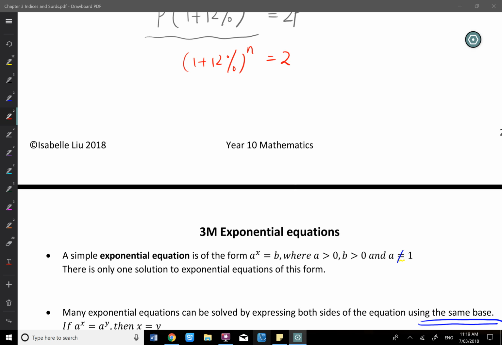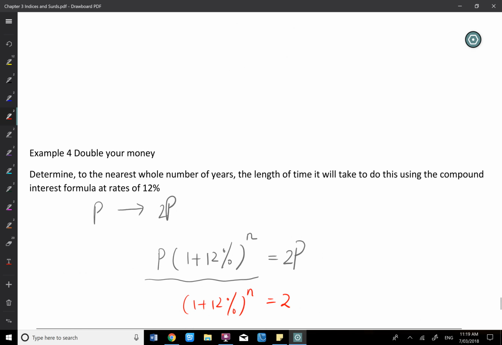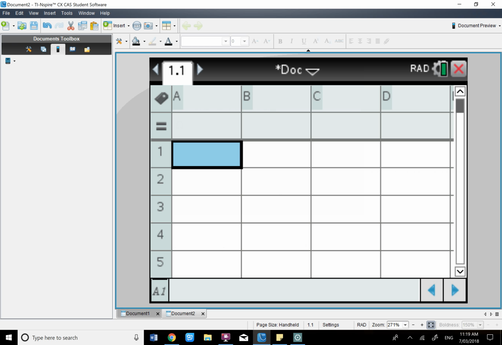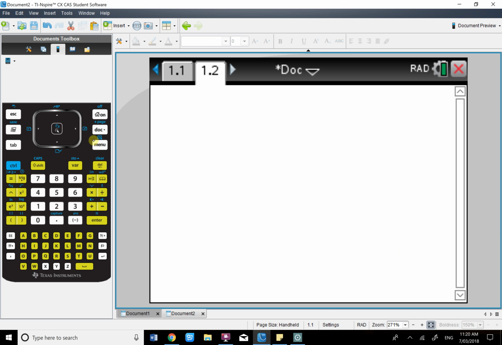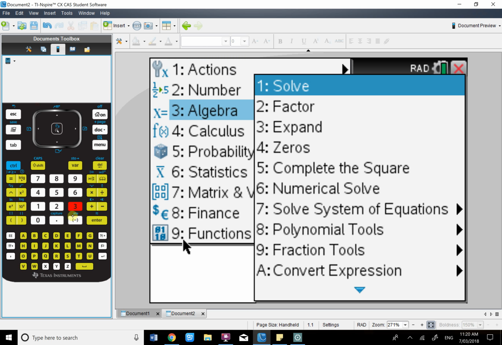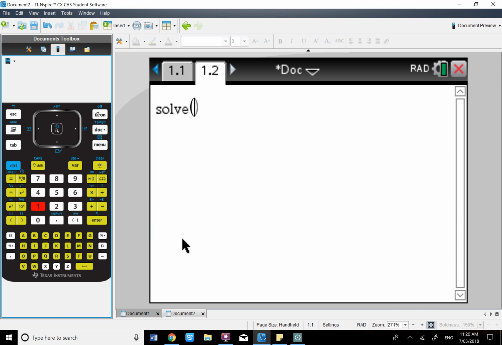So when you have that, you need to solve that by calculator because it's asking for the nearest whole number of years. So menu number 3 algebra and number 1 solve. We're trying to solve for that function. We put a bracket. 1 plus 12% is 0.12, which to the power of x equals 2.